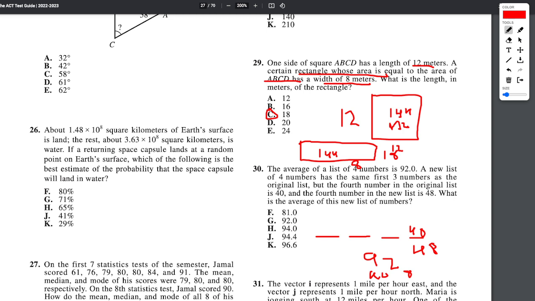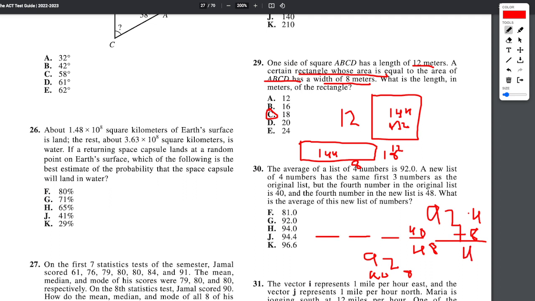Well, let's find the total. It'll be 92 times 4, and then just do plus 8. We're doing this because 92 times 4 gives us the sum. You could do minus 40 plus 48, but the net change will be plus 8 to the last number, right? And then divide that all by 4.